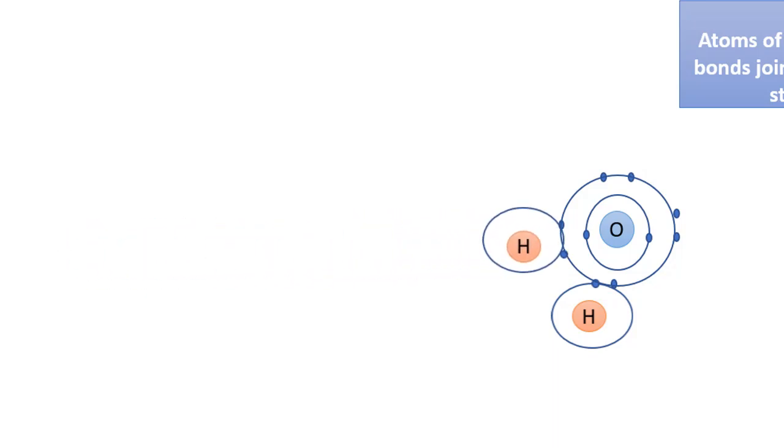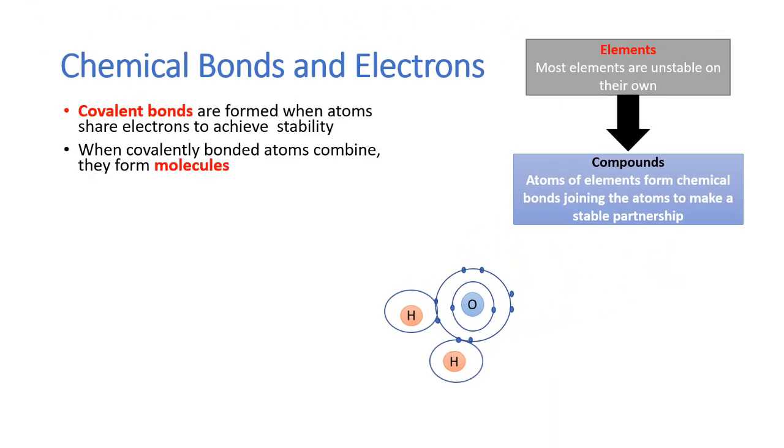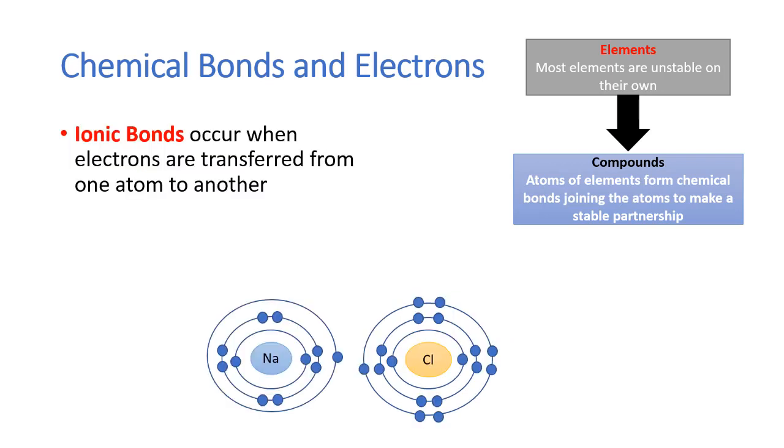This other hydrogen is going to do the same thing. Oxygen, when it combines to share electrons with 2 hydrogens, will get the sensation that it has a full shell because it's sharing 1 electron from each one. And vice versa, so the hydrogen feels like it has a full shell. When covalently bonded atoms combine, we call those molecules.